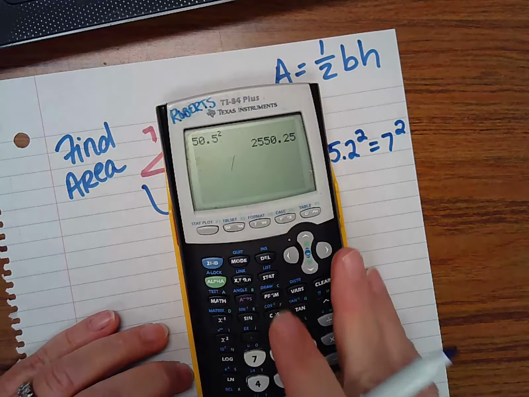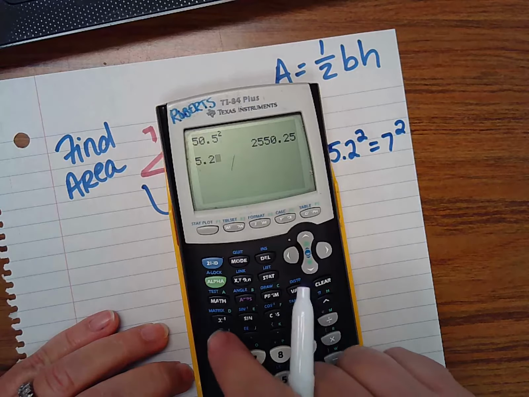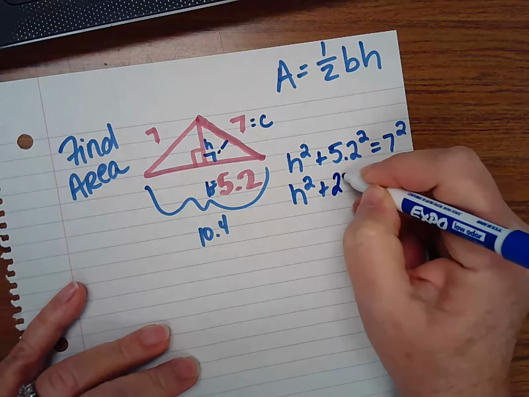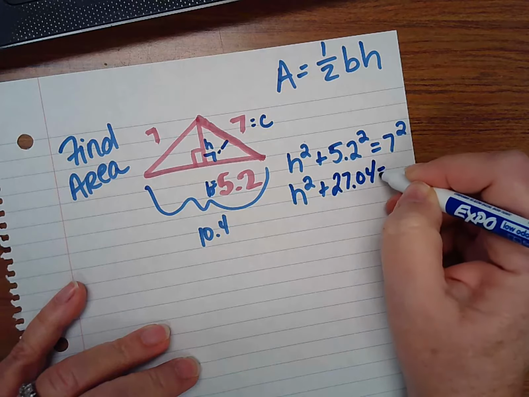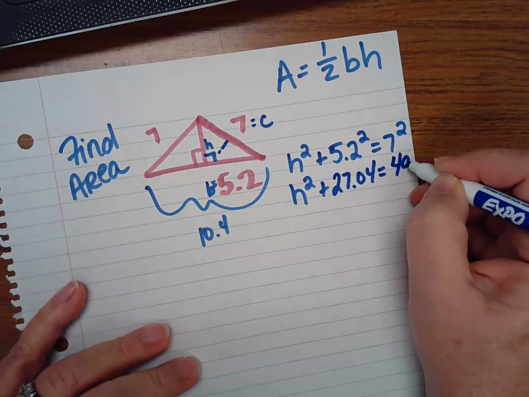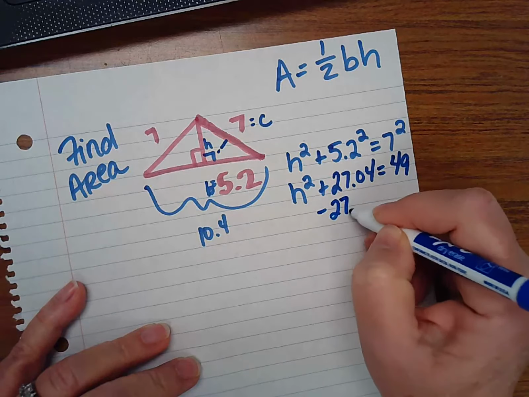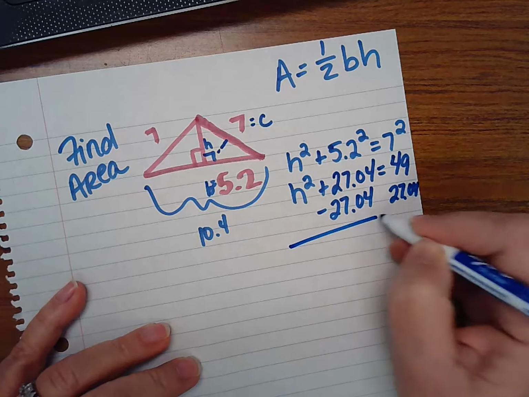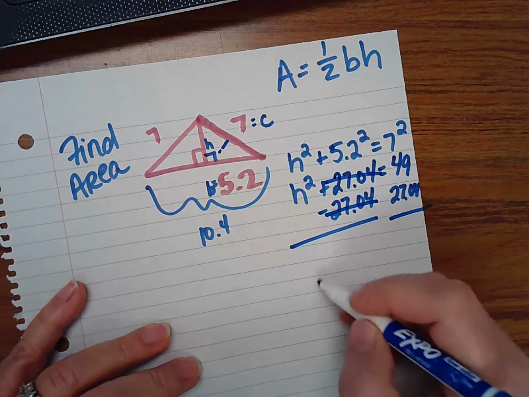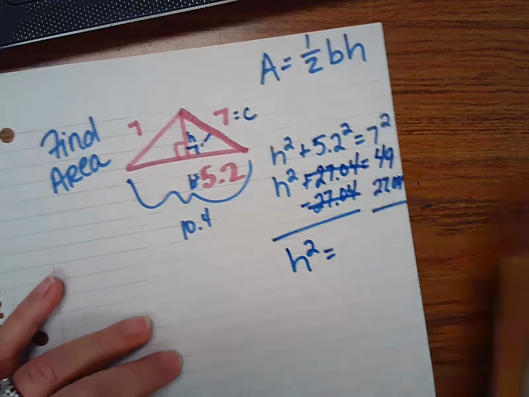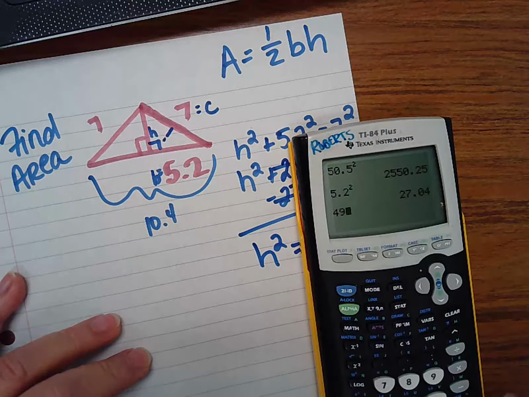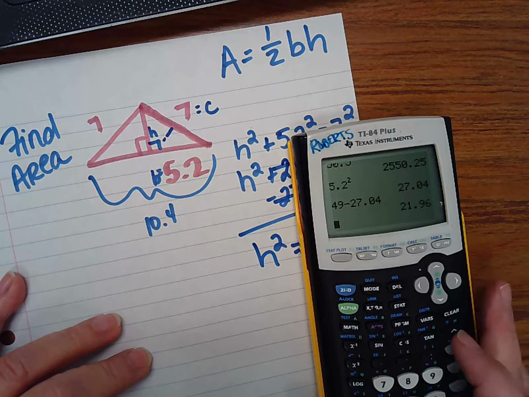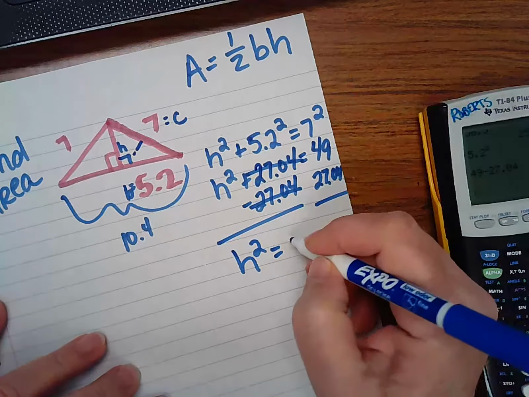Let's pull out our calculator again. 5.2 squared would be 27.04. And that equals 7 squared, which is 49. If I subtract 27.04 from both sides, these cancel, and h squared equals 49 minus 27.04, which is 21.96.